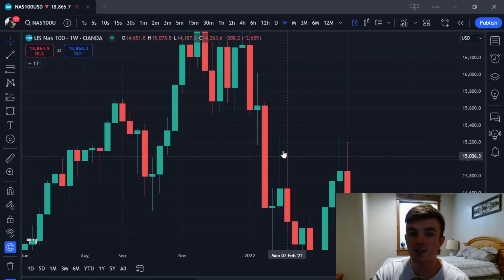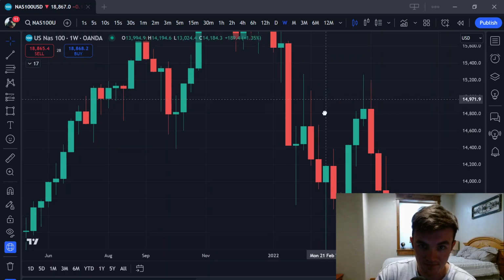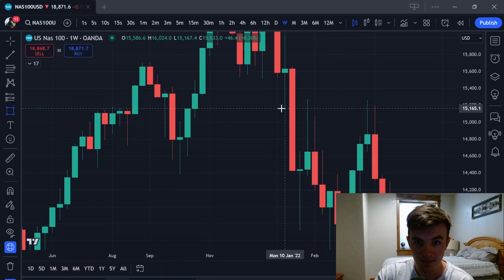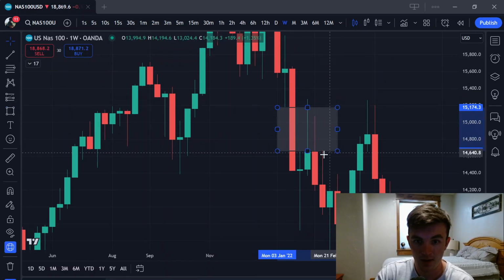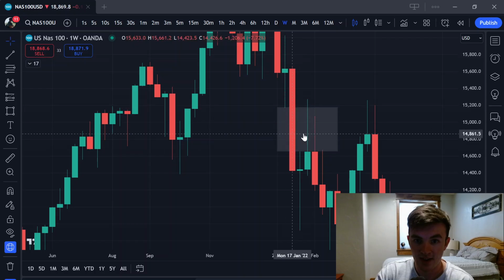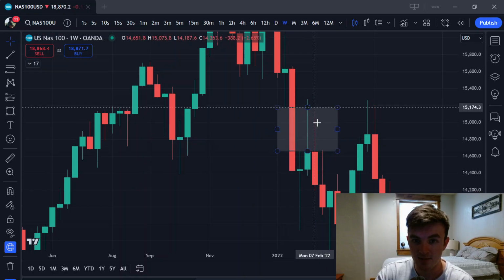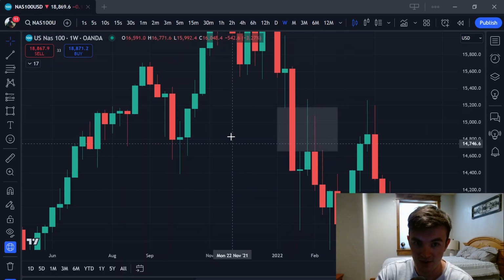This is on the weekly chart, by the way, for the NASDAQ. Here we go. Low of a candle before, a high of a candle after forms this gap. Price comes back in, pushes into it, and continues lower.